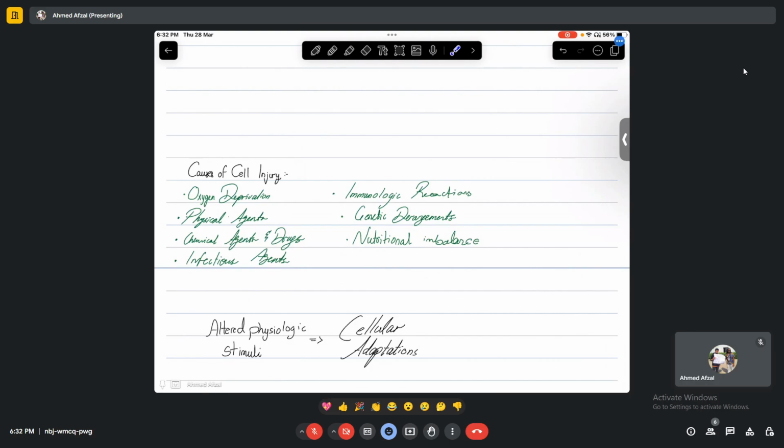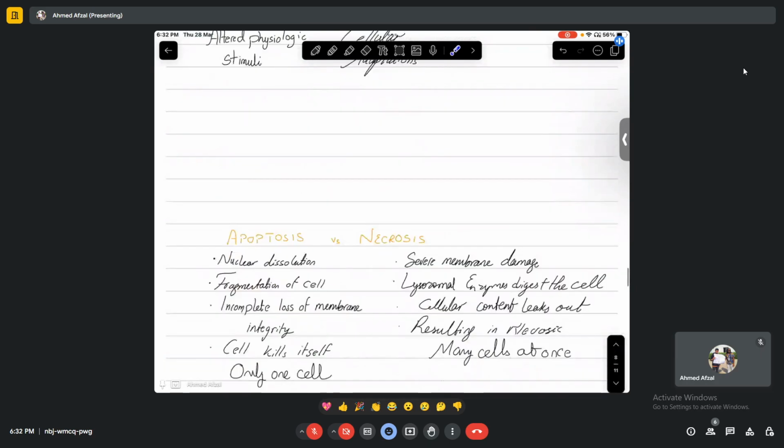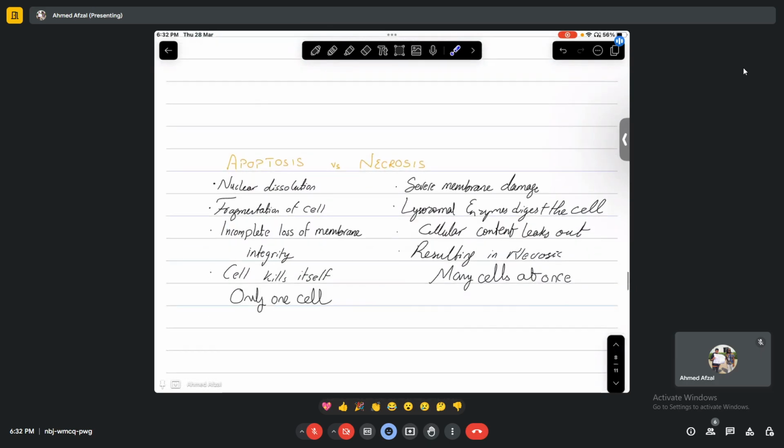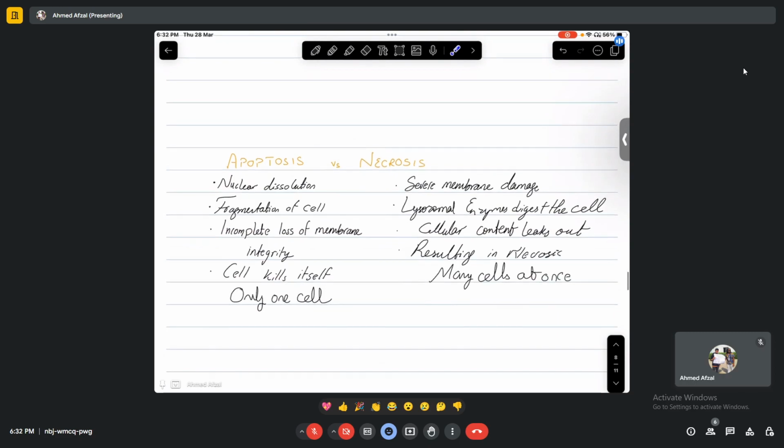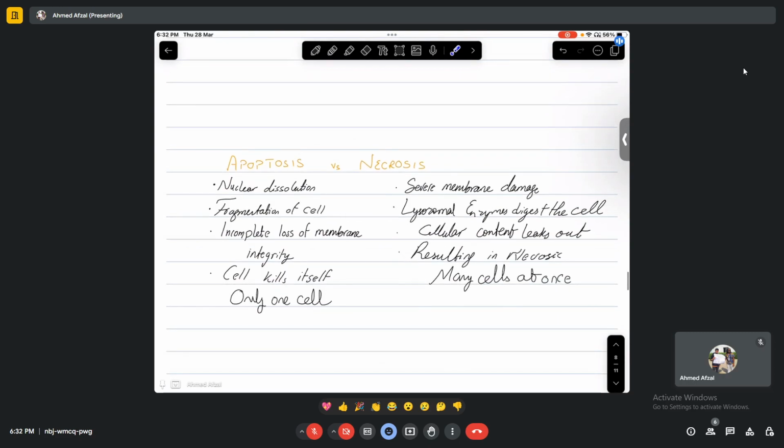Alrighty. When Naveed bhai was discussing the slides, I was just writing this down. So this is apoptosis versus necrosis. In apoptosis, there's fragmentation of the cell, there's an incomplete loss of membrane integrity, and this only happens to one cell at a time.